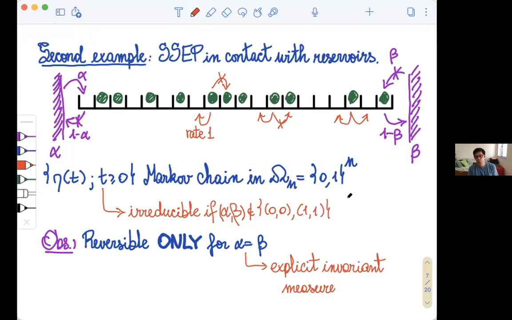And so there is a systematic way to do that, which is called the matrix method of Derrida. But the point is that nevertheless, it's very complicated. So it's not so easy to really obtain information out of those explicit formulas.